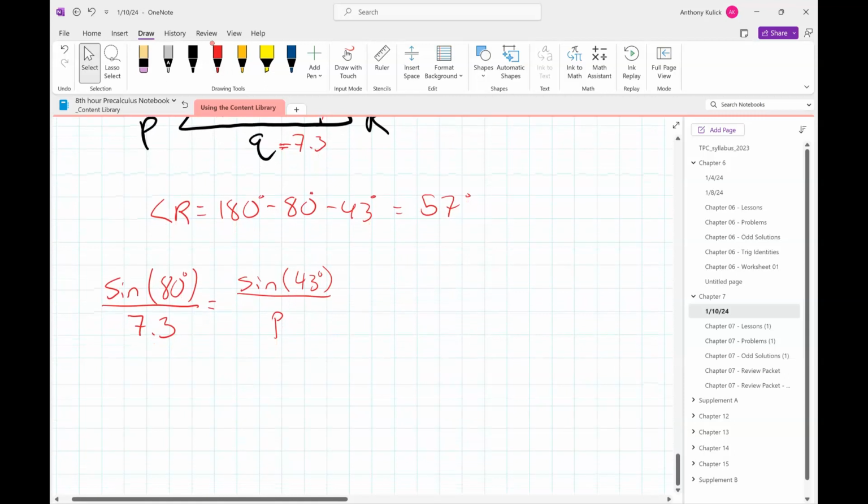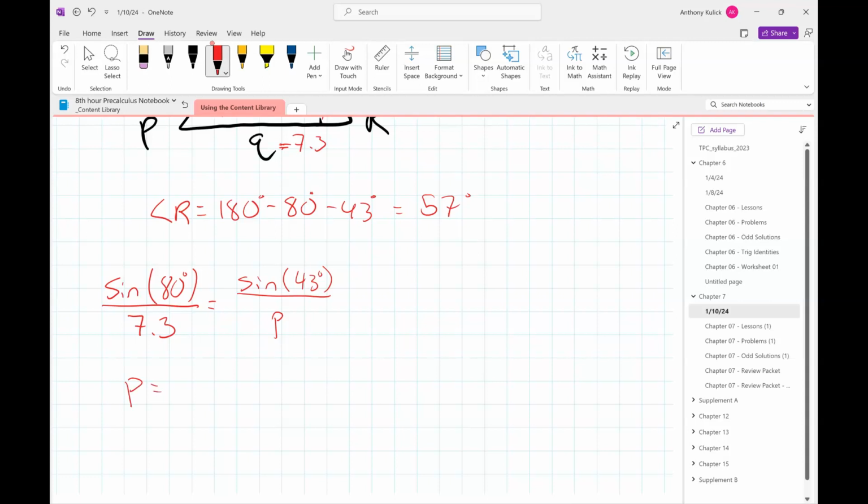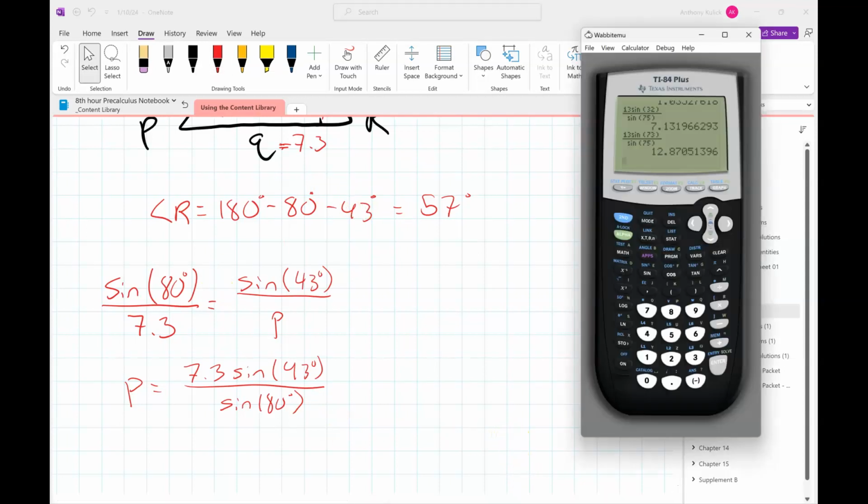So I'll write sine 43 over P. I cross multiply and divide. Can I do that all in one step? Is everybody okay with me doing that? Save us all a little bit of writing. Everybody's good with that? Do the cross multiply and divide in your head real quick to see if I put everything in the right places.